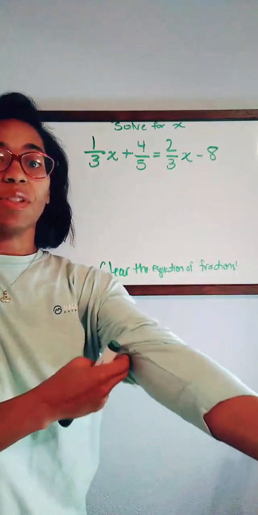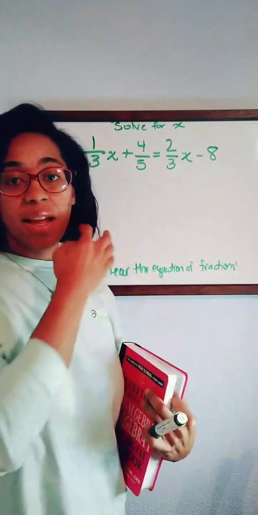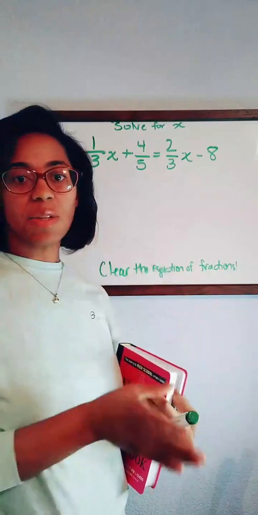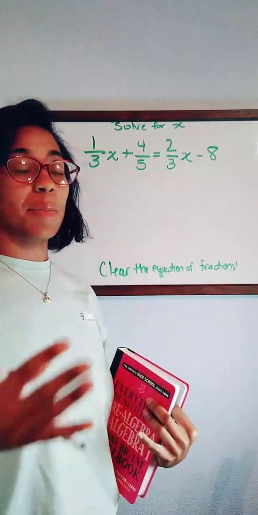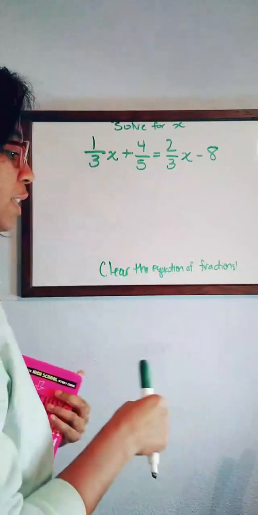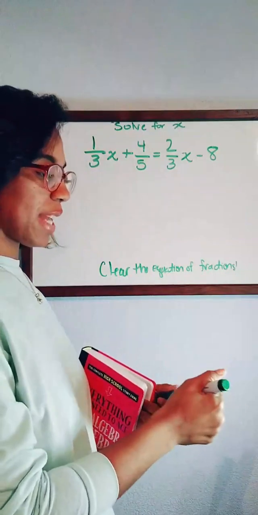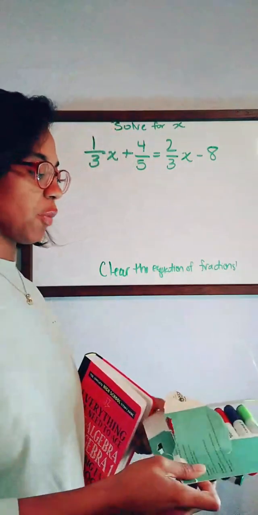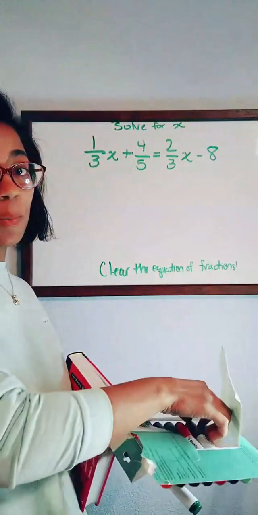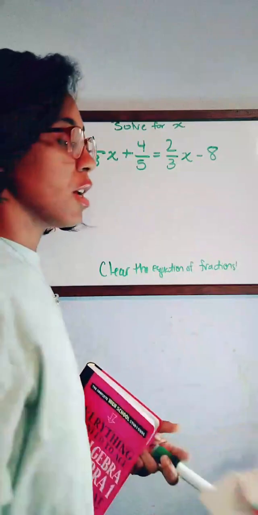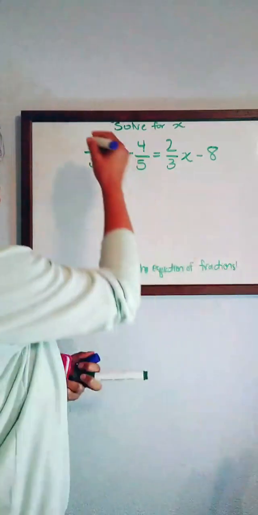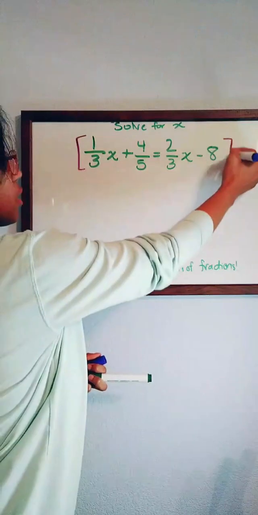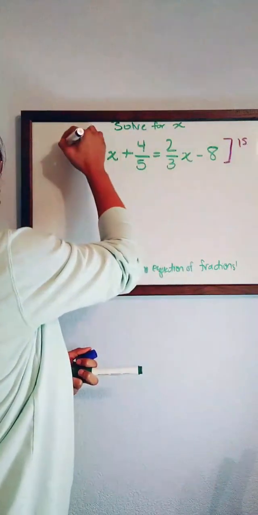That's why we're not able to simplify the fractions away, because we don't have anything that the denominator is divisible by. So we're going to take this equation and multiply each side by 15, and we do that to also keep the equation balanced. Very good, everybody. What you do to one side, you do to the other, okay? So we're going to multiply everything by 15.